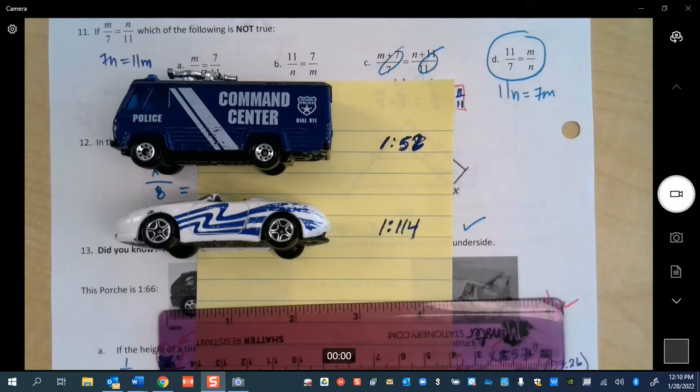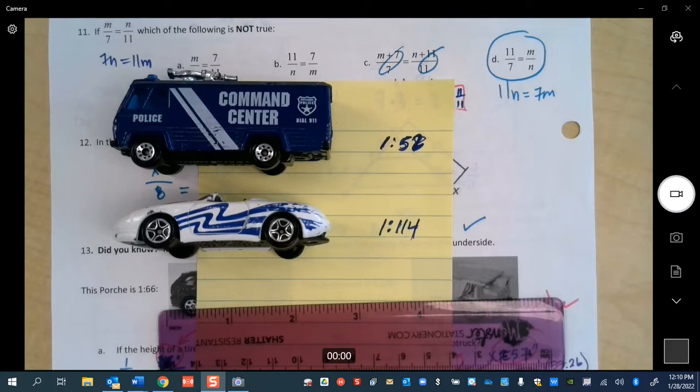If I have 1, 2, 3, how am I doing with 3.5? It's pretty good, right? So when we're talking about scale factors, this is 3.5 times bigger than this. It's a pretty accurate conversation about scale models.